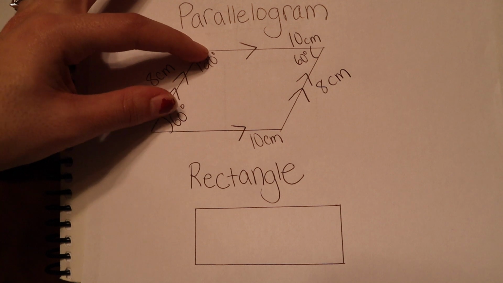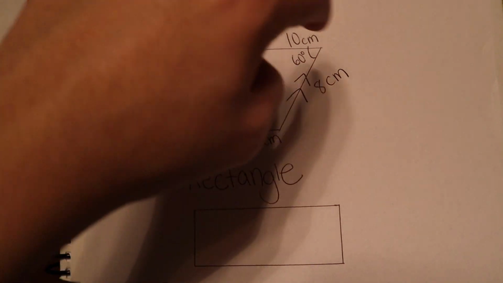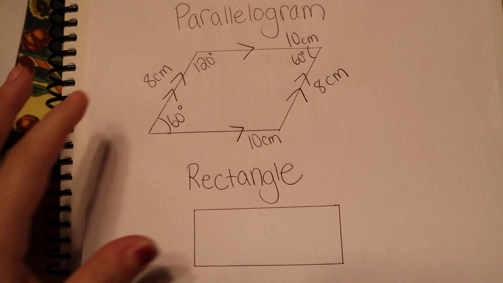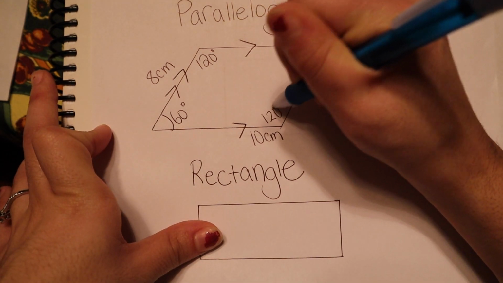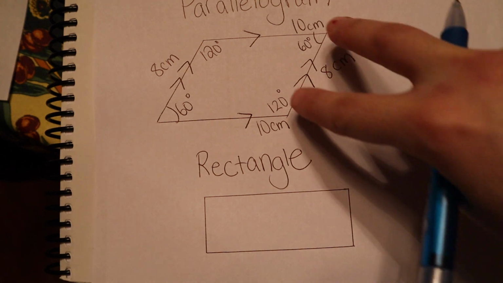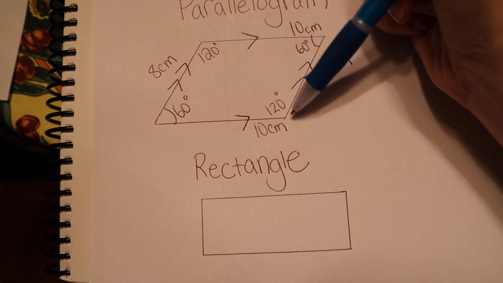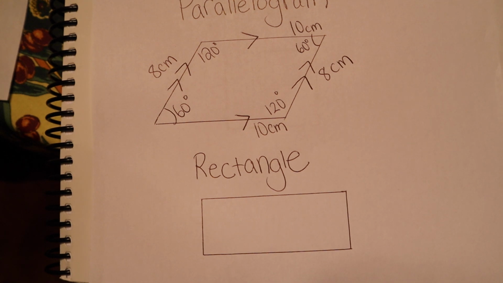Angles one after another sum to 180. 120 plus 60, 180. Angles one after another, adding to 180. Likewise, this has to be 120, so that the consecutive angles are summing to 180, and so that the opposite angles are congruent.